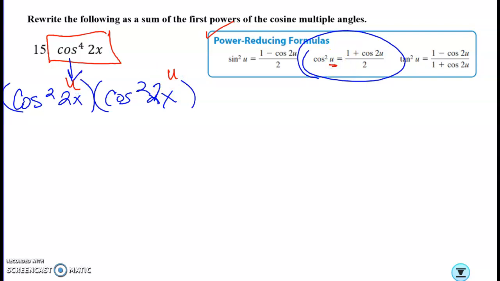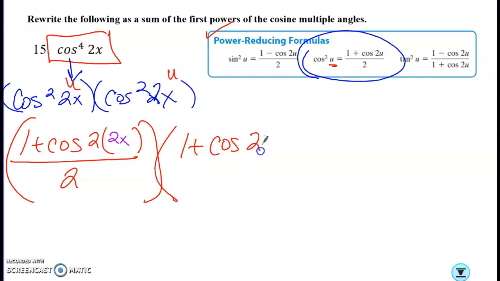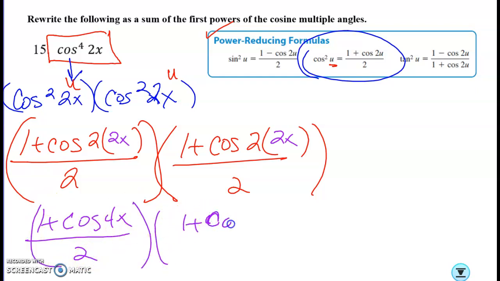So when we use this formula and turn it into 1 plus the cosine of 2u divided by 2, I'm not going to put u in there, I'm putting in 2x. And the other one's going to be a repeat of the same thing. So basically what I have right now is 1 plus the cosine of 4x divided by 2, and 1 plus the cosine of 4x divided by 2.